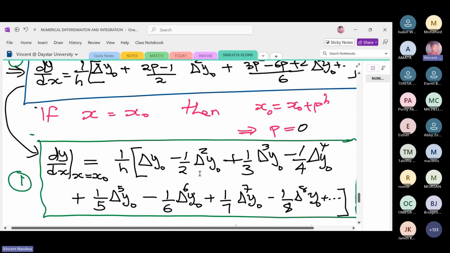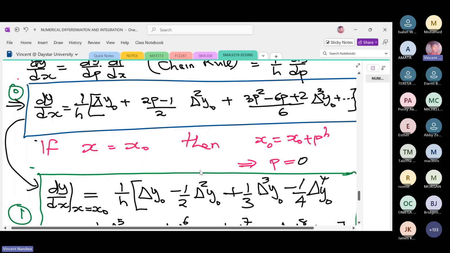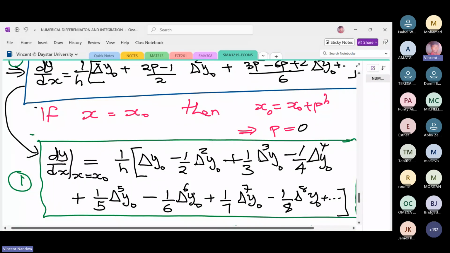But if the value of x is near the beginning of the table but is not among the given values in the table, then you'll be forced to apply formula 0. But in most cases, we'll give problems whose derivatives are to be evaluated at values of x which are already given in the table of the function. So the most applicable formula will be formula 1.